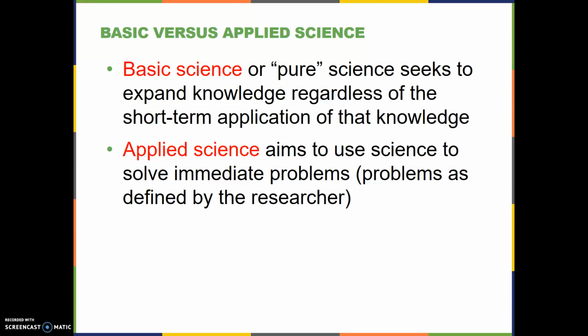Basic science just has the purpose of seeking knowledge, expanding our knowledge. So basic science is considered pure science. Applied science is using that knowledge, that basic science, to solve problems.